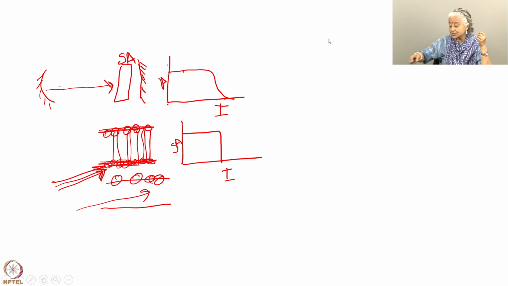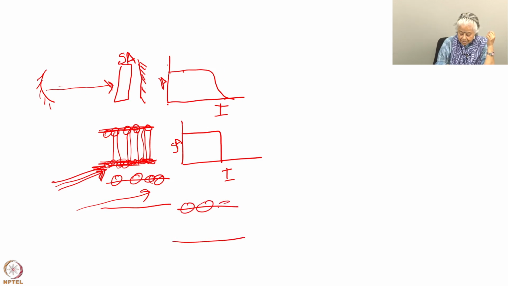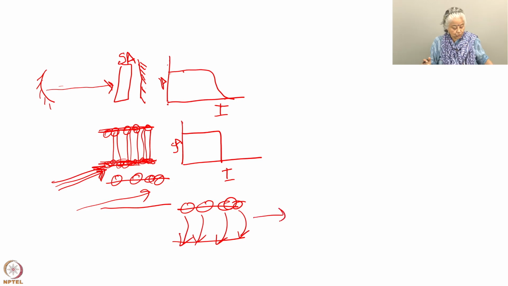So, what one has to do is, these molecules from this level should also relax back at a rate faster than the light can go through and take a round trip and come. Okay. So, when again the round trip comes, again it is shut, and then a higher intensity part comes in and it goes through. So, that cycle should go on.